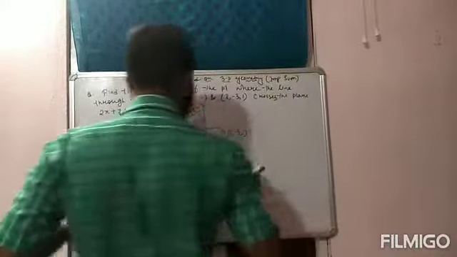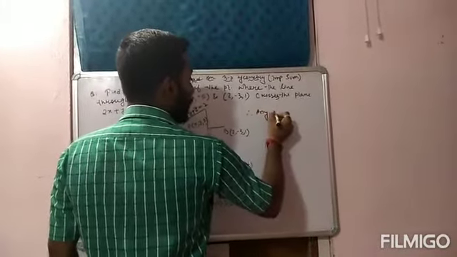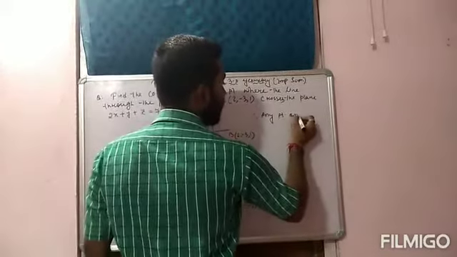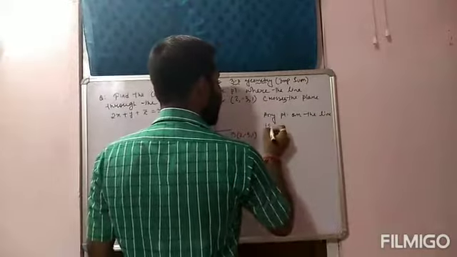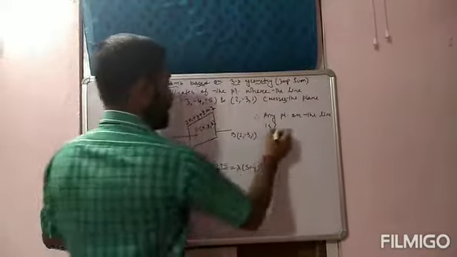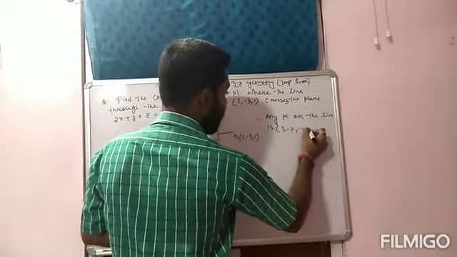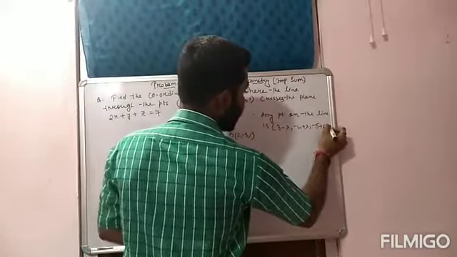So that means we can say that any point on the line is (3 - lambda, -4 + lambda, -5 + 6 lambda).